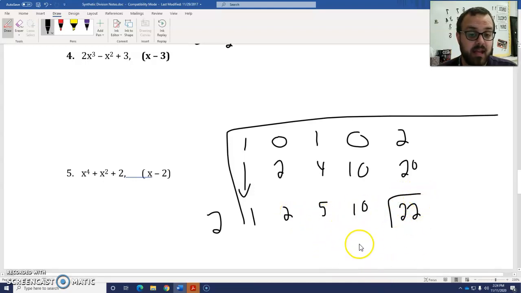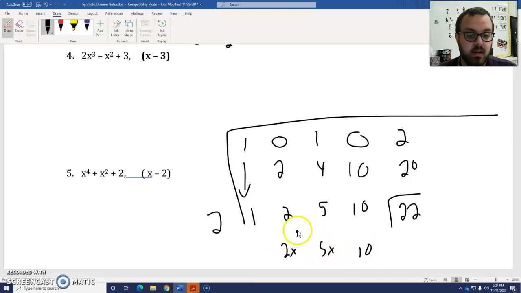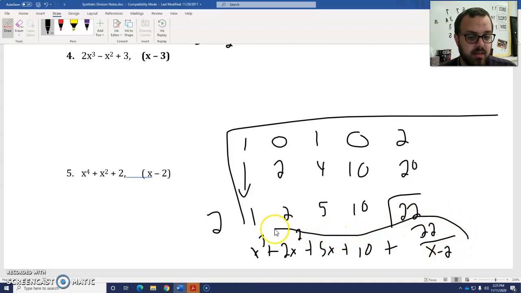When I write out my answer, 10, 5x, 2x squared, x cubed, with some plus signs in the middle, and then we have a remainder of 22. Remember, I can also write my remainder as plus 22 over x minus 2. Okay, I can also write it like that.